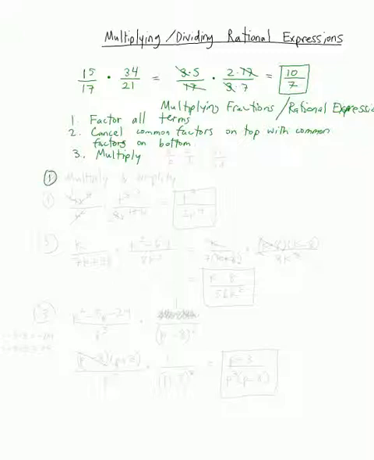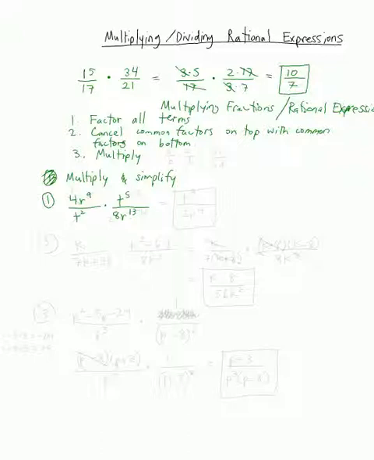So number 1, for all of these actually, we're going to multiply and simplify the following. So this is number 1 here, where it's going to be 4r to the 9th over t squared times t to the 5th over 8r to the 13th.